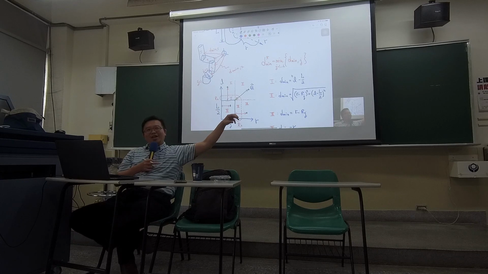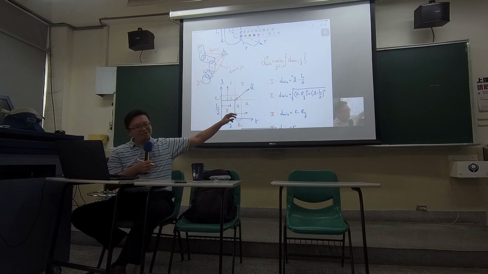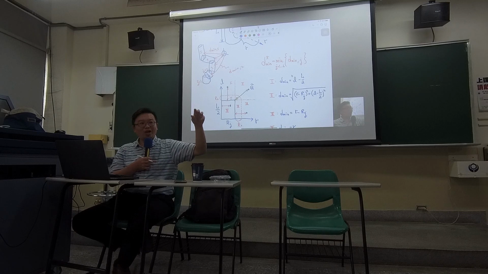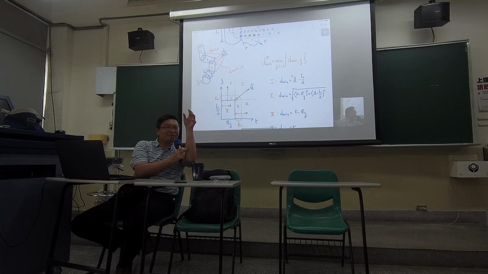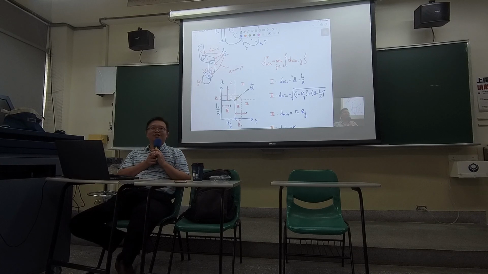You have n-1 configurations. So for every configuration, you know what is the shortest distance between that particular configuration and the obstacle. What to do next? You set up some kind of threshold. How close you can allow.